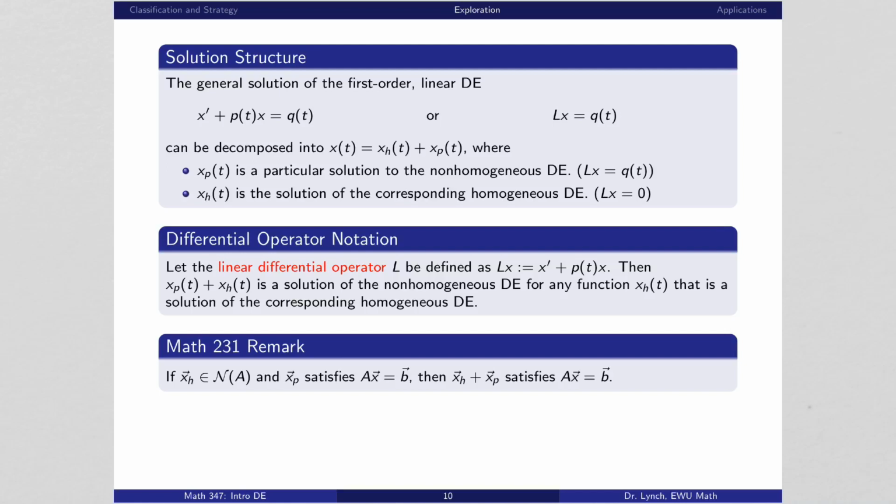Same thing for non-homogeneous differential equations. We can always add anything that solves a homogeneous differential equation to a solution of the non-homogeneous differential equation and get another solution for the non-homogeneous differential equation. Those of you with a little bit of experience in linear algebra, this should make a lot of sense from that intuition.